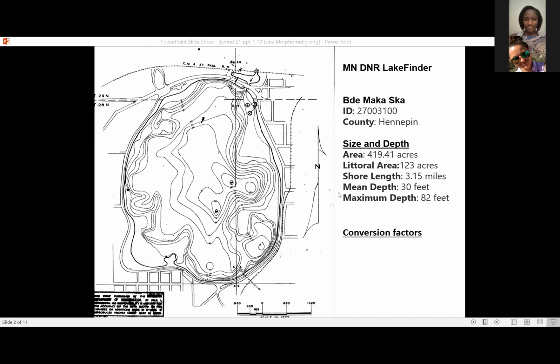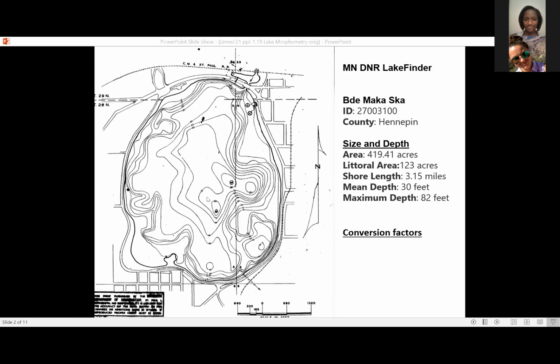Now, we're going to skip mean depth for a moment, because the mean depth is the average depth of the lake. Now, this is a bathymetric map. A bathymetric map shows you the depth at all of the different locations within the lake. It's a little hard to read this.